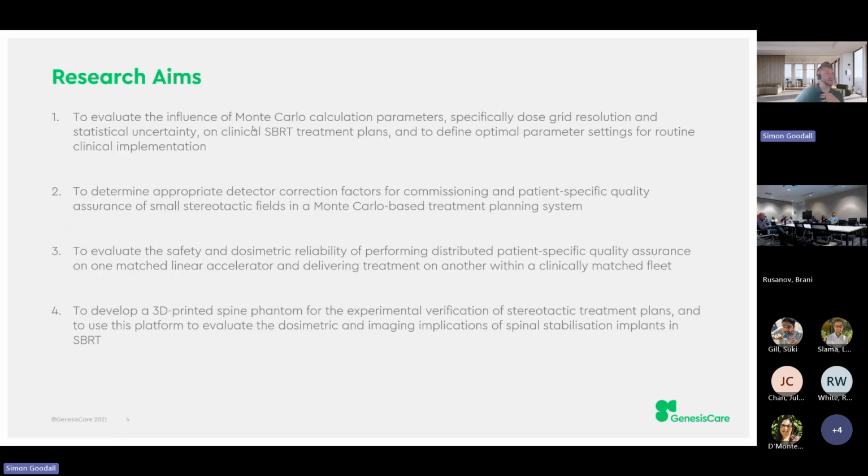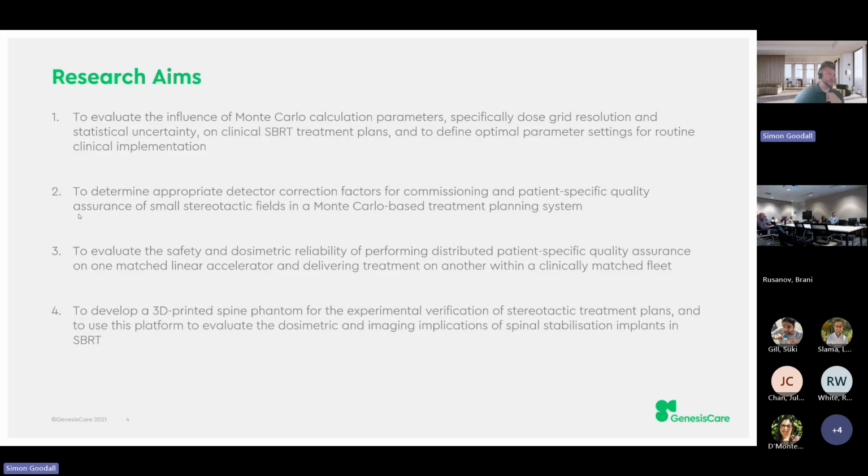We wanted to evaluate the Monte Carlo algorithm calculation parameters, specifically the variations that you see between dose grid changes and statistical uncertainty, which is an inherent and specific challenge of Monte Carlo that we focused on.